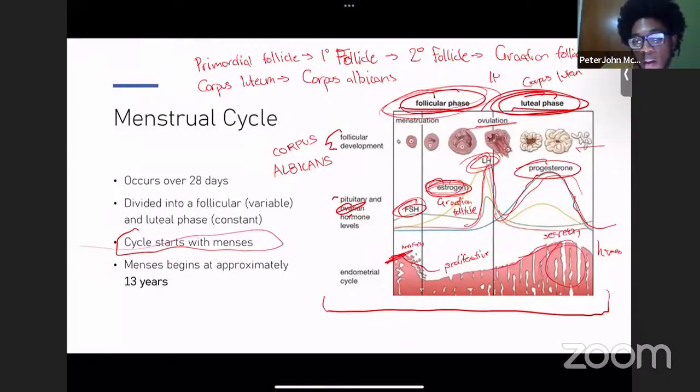All right. Well, I know what you're asking, and I'm just going to answer. You know that you have the corpus luteum going to the corpus albicans if you're not pregnant, right? So when you're pregnant, the corpus luteum becomes a corpus luteum of pregnancy. Literally, the name tells you everything. What's the function of progesterone?